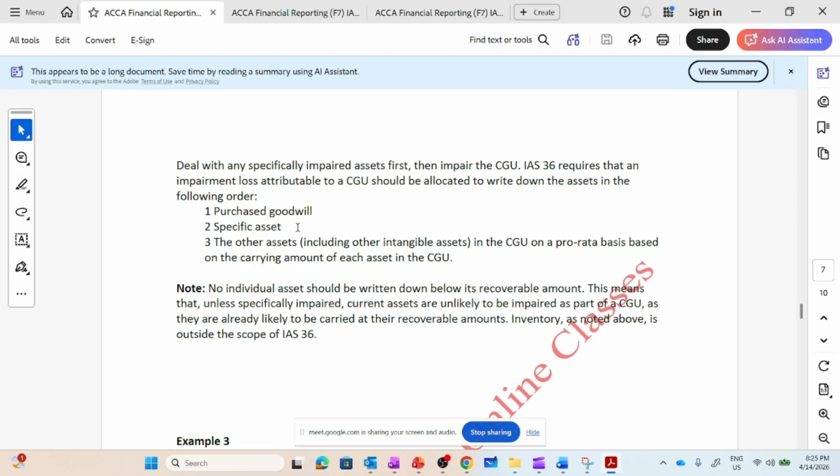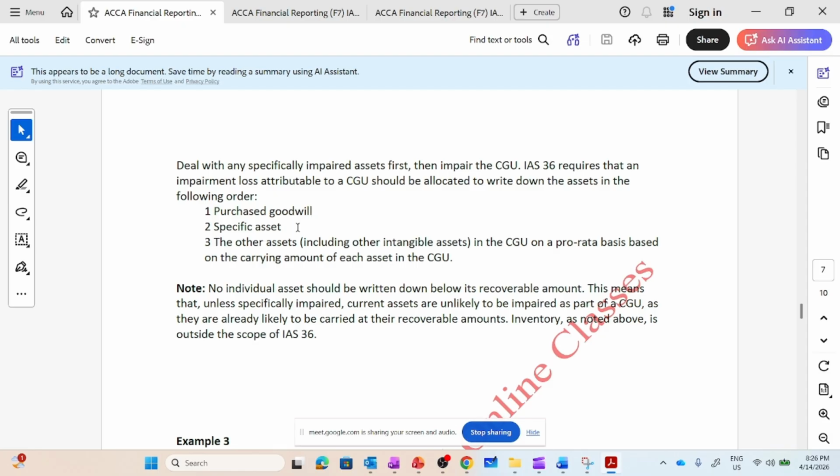Now, unless it is specifically stated that the inventory, the receivable, or the short-term investment has been impaired, if there is no specific statement to support the impairment of that current asset, then we are not going to allocate any impairment to any current asset, because we are going to assume that the current assets are stated at their recoverable value.